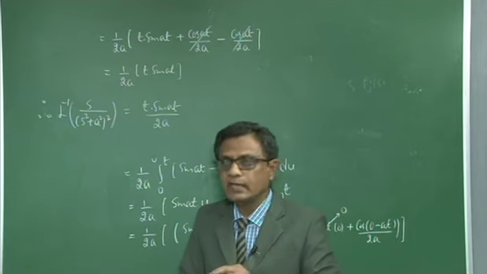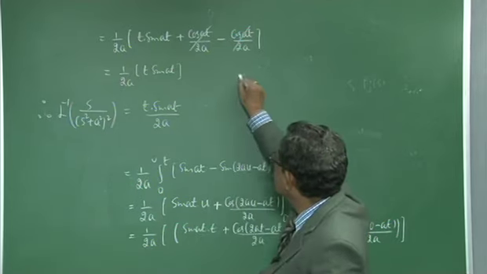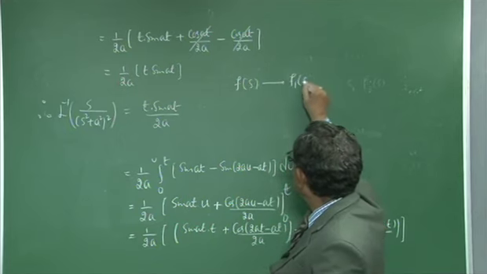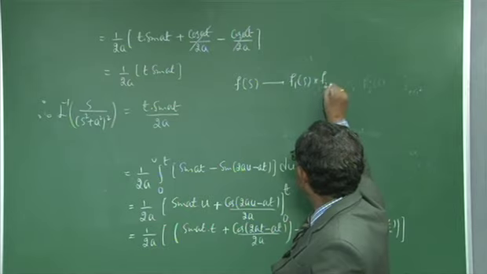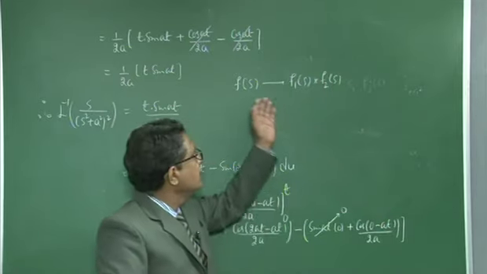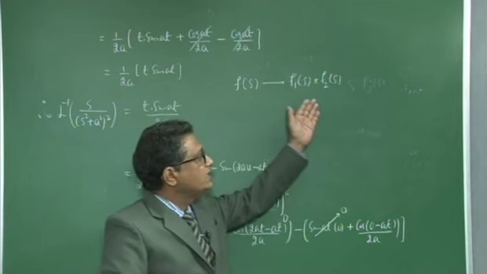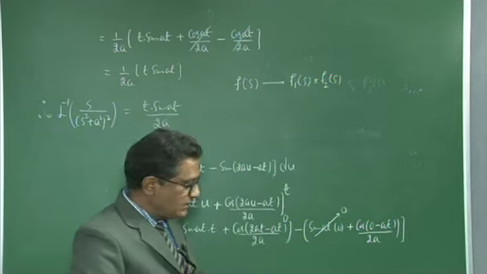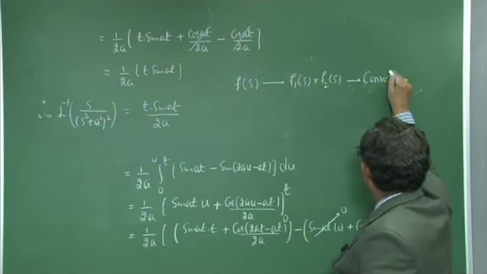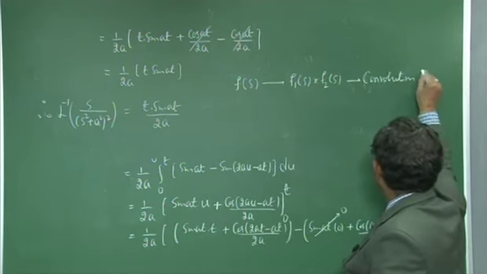Function F of s can be expressed as the product of two functions. Take anyone as the first function. F of s equal to f1 of s into f2 of s. You can use the convolution theorem.